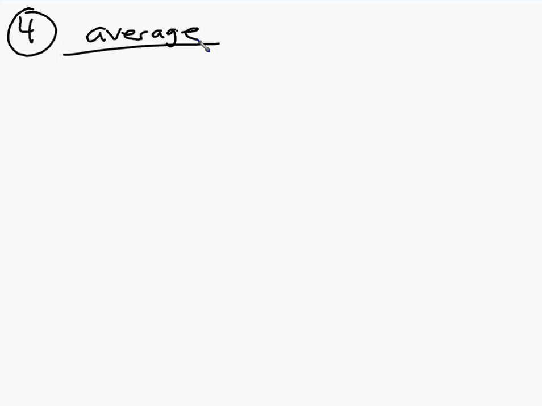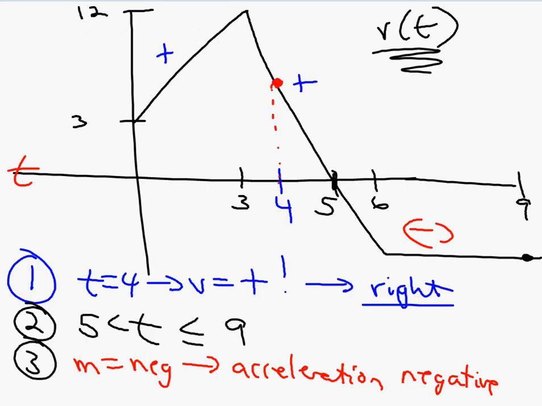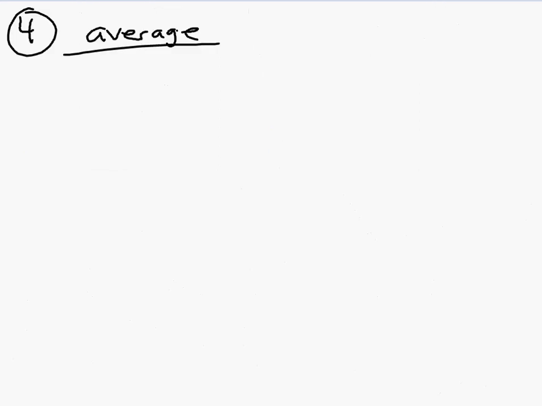All right? So, average acceleration is going to be the change in velocity over the change in time. It's going to be change in velocity over change in time from 2 to 4.